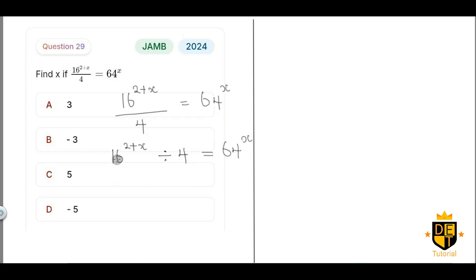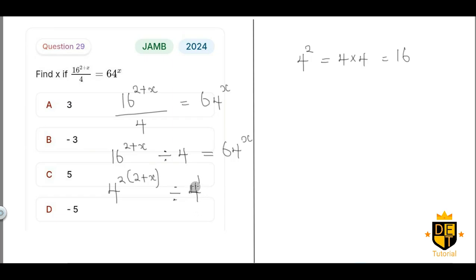You should know that 16 in index form is 4 raised to the power of 2, because 4 times 4 gives 16. The bracket (2 plus x) divided by 4 can also be written as 4 raised to the power of 1.